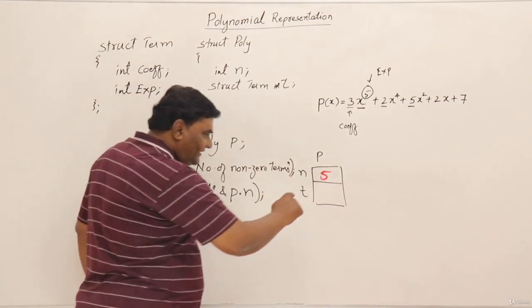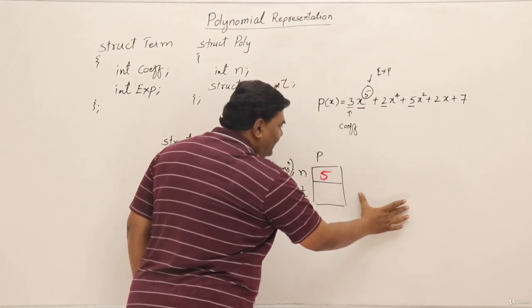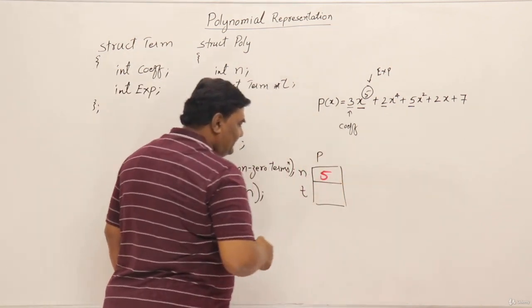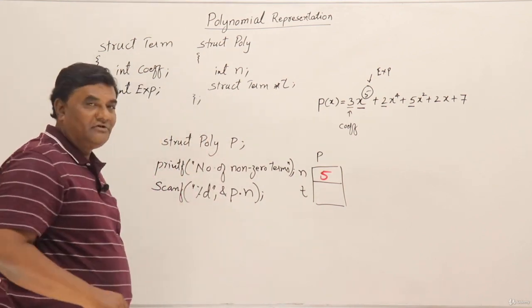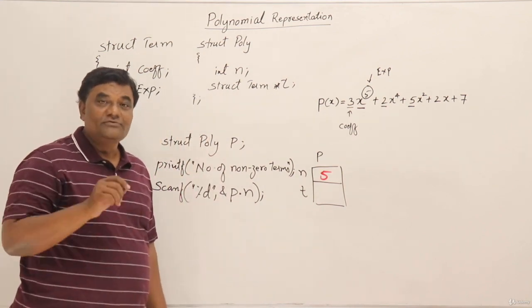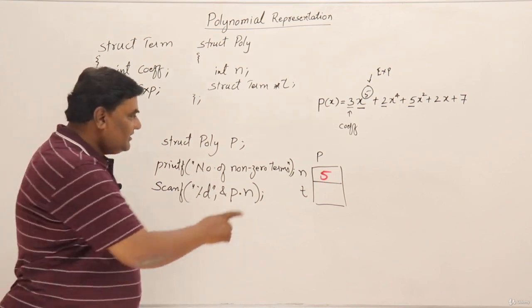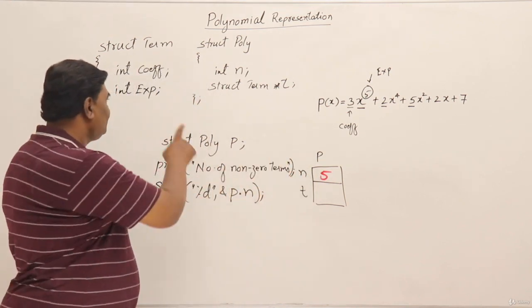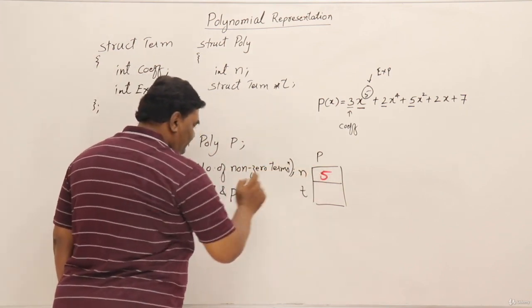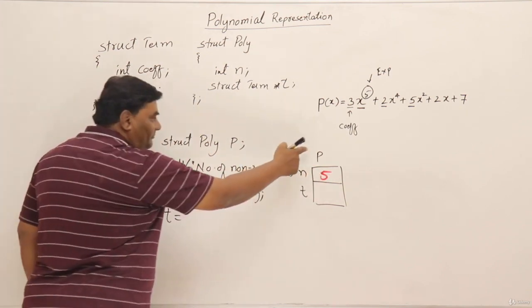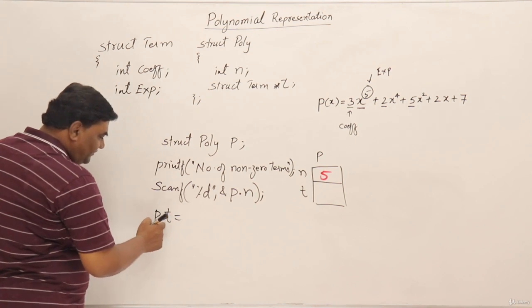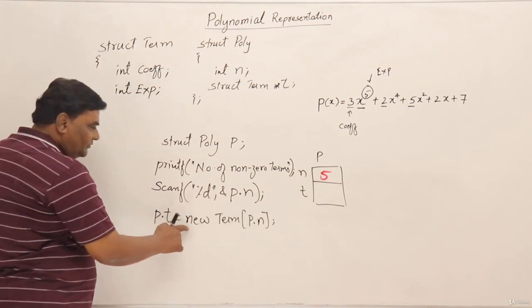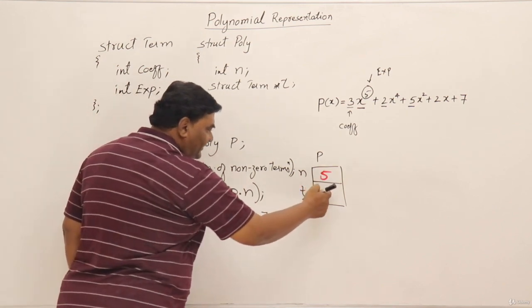Now I need an array of 5 terms. So let us create this array dynamically, using the new operator. So p.t, I will assign an array of terms of size 5: p.t assign new, array of terms.